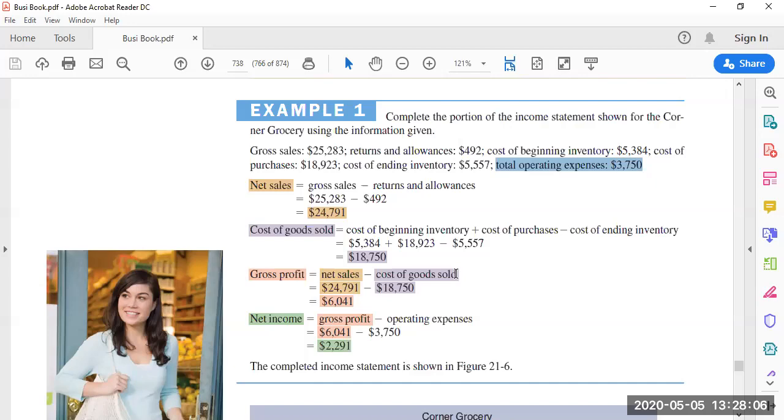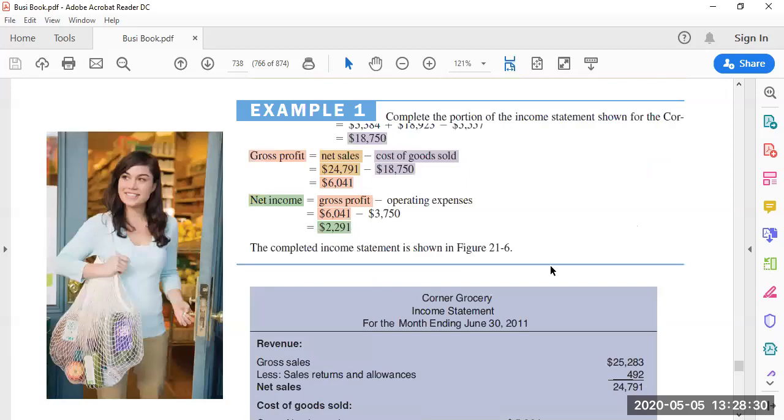Then to determine our gross profit, you subtract that cost of goods sold amount from your net sales. From there, we can determine our net income, and that would be the difference between the gross profit and the operating expenses.